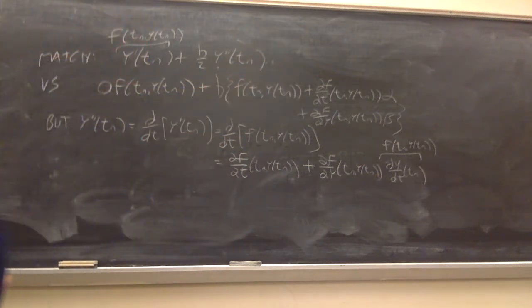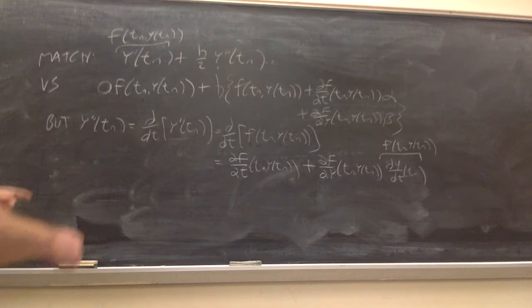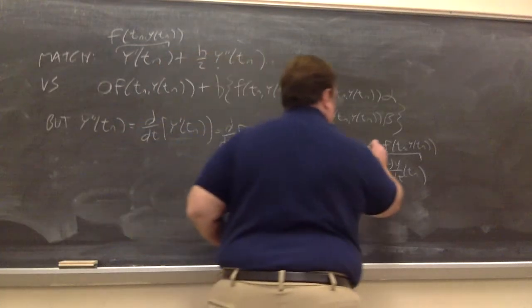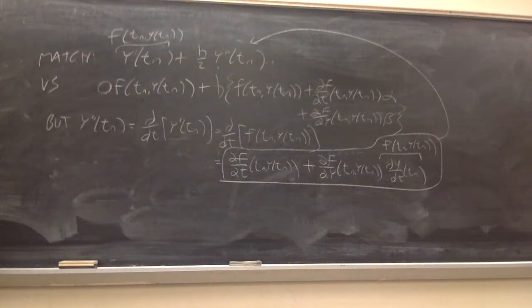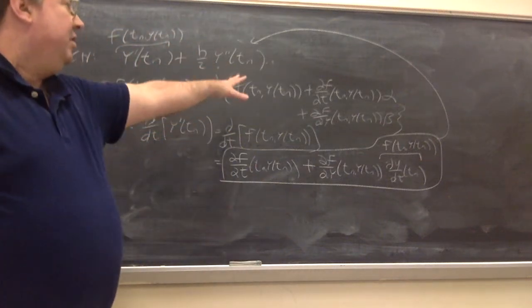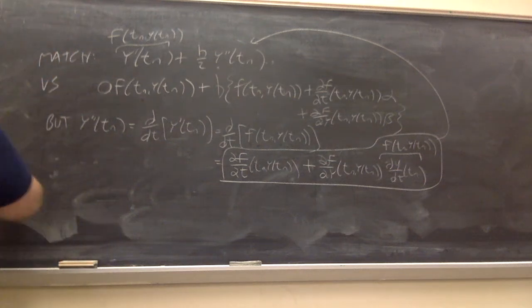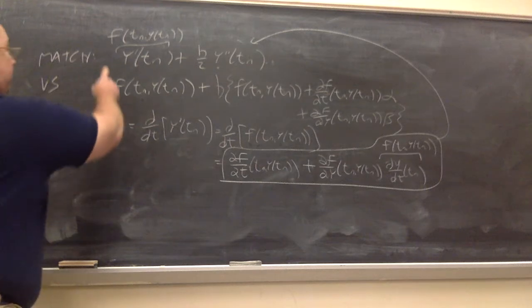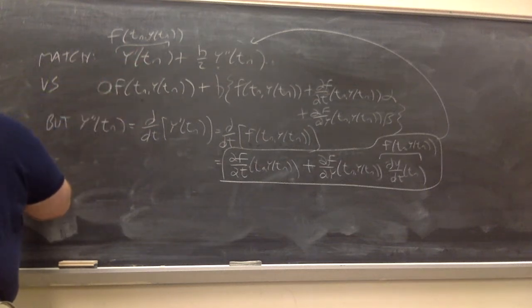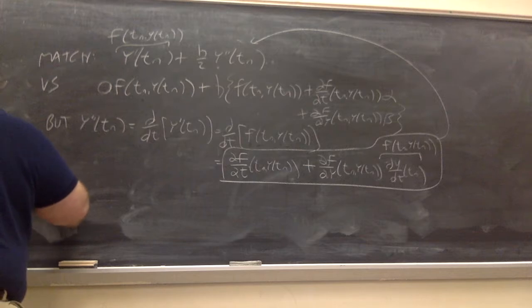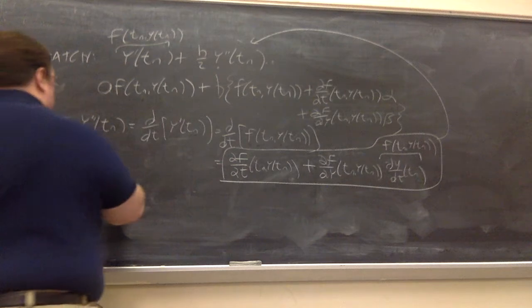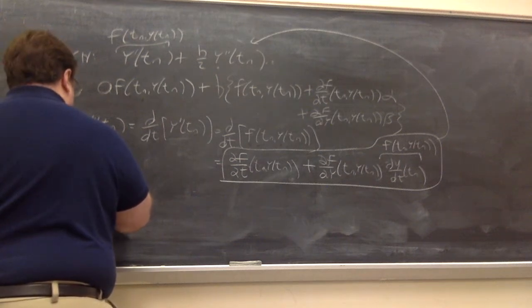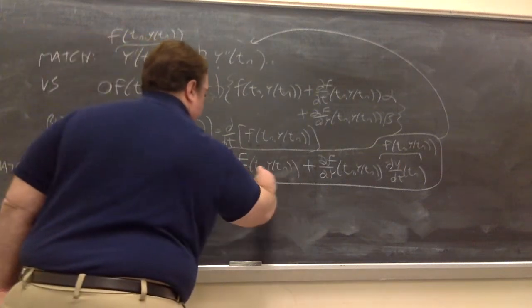above. So now if I take all this, put it in there, and then match it against what's down below, I'll have, from this part, f of Tn, y of Tn plus h over 2 partial f partial t, which I'm going to leave out.